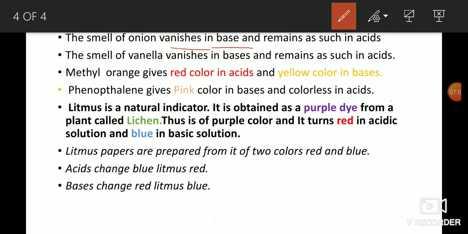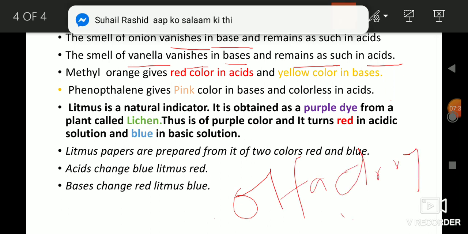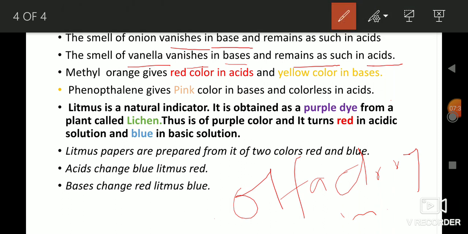So onion is a natural indicator and indicates us whether a substance is acid or base. And the third example is vanilla. If we drop vanilla in bases, its smell gets vanished, and if we drop vanilla in acids, its smell remains as such, no change occurs. Onion and vanilla are the examples of olfactory indicators. Olfactory means in which the smell of anything is involved.